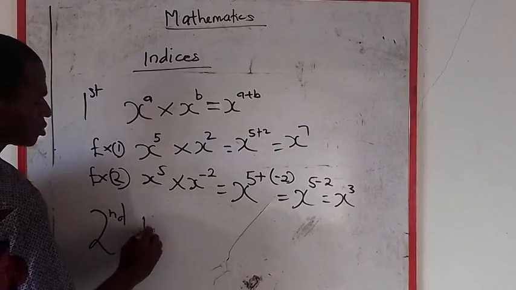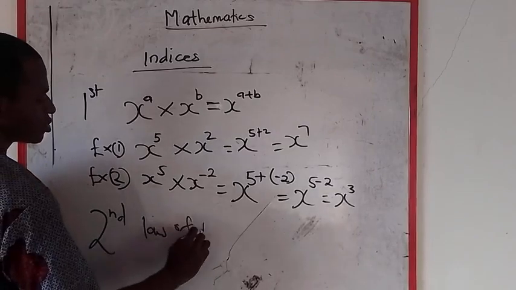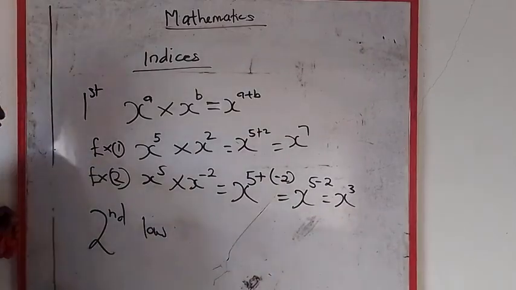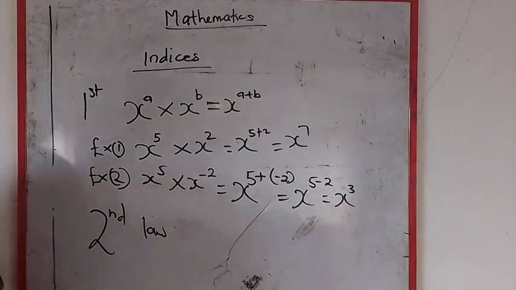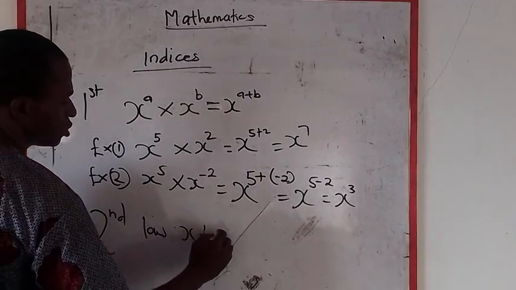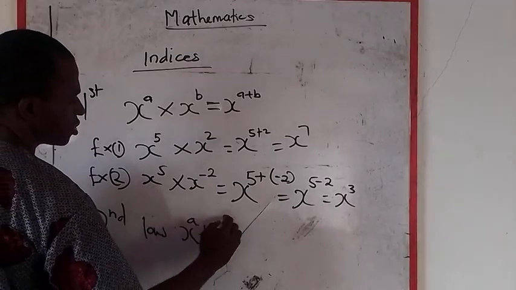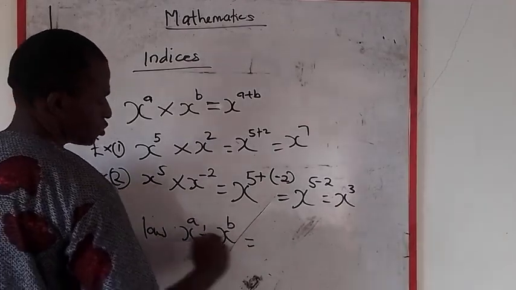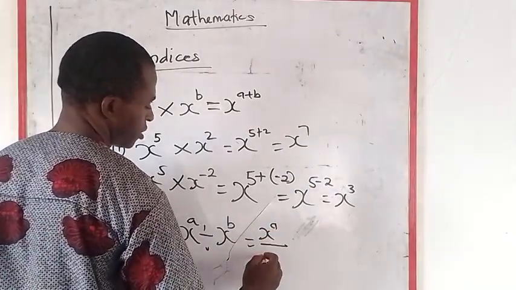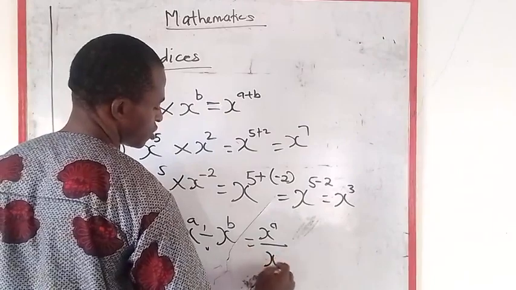Second law of indices. In the case of the second law, we have division of similar base. In this case, what this means is actually a raised to power a divided by a raised to power b.